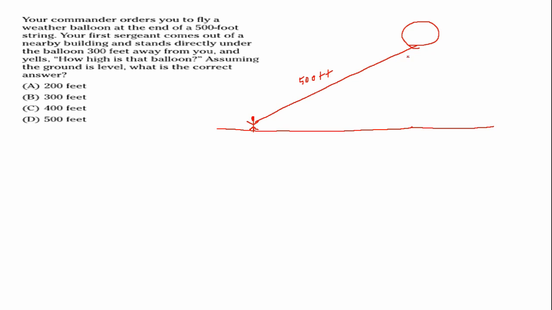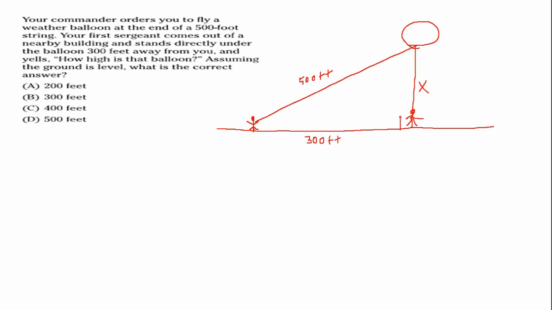And the sergeant comes out and he's directly under the balloon. Say, here he is. And he's 300 feet, according to the problem, away from you. How high is the balloon in the air is the question. So again, unknowns I like to represent with x. In other words, how high is that distance, x?